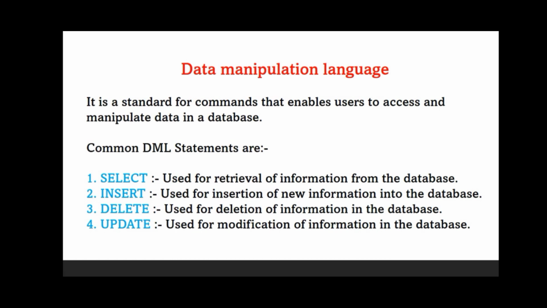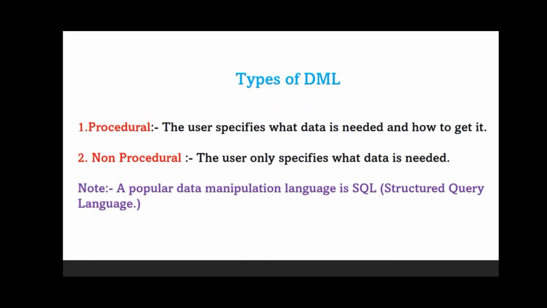For printing every detail. So select star from employee will print every detail of the employee. Then insert. Insert is used for inserting new information into the database. Delete is used for deletion of information in the database. Then update. Update is used for modification of information in the database.